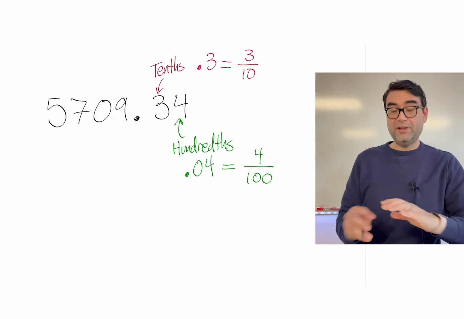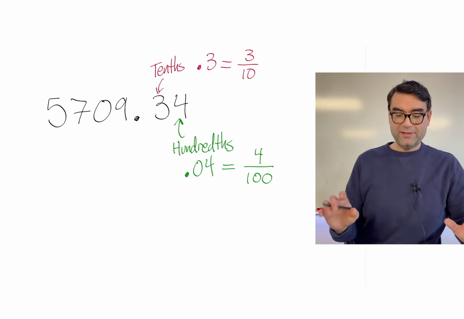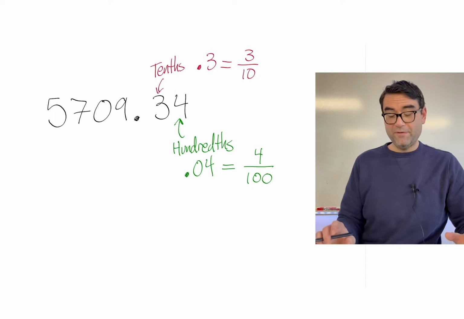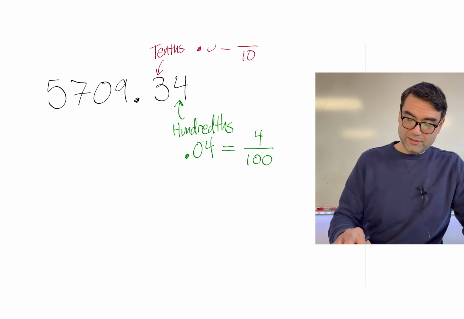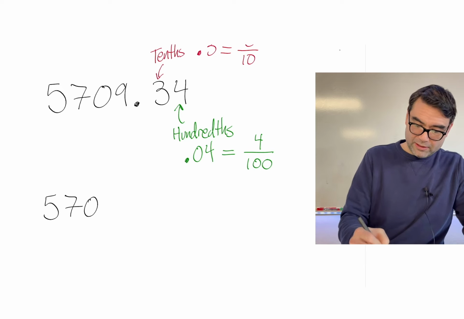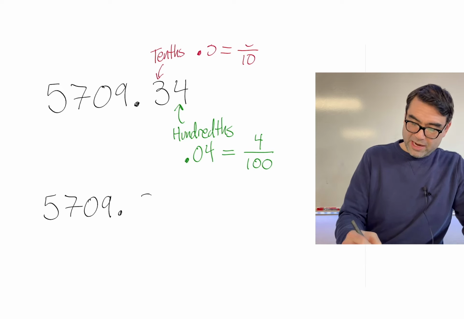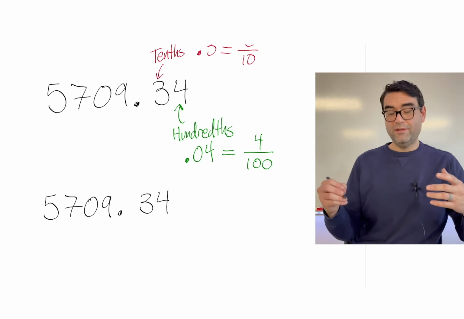So if we were to put this all together now, and I wanted to rewrite 5,709.34 as all of its separated place values, let me now write this as a single expression of a sum.